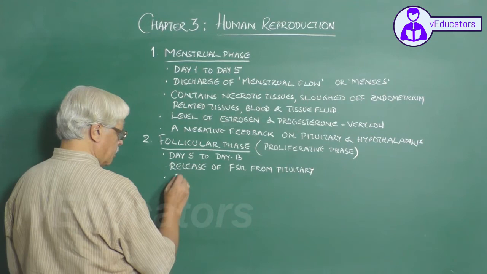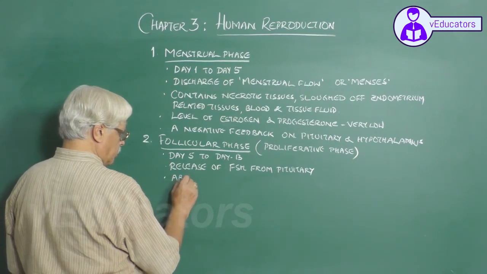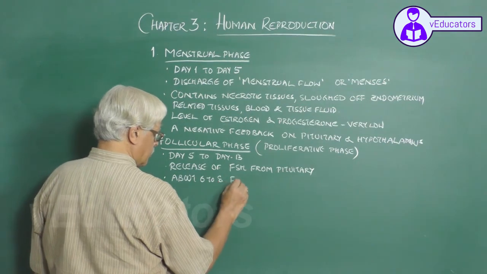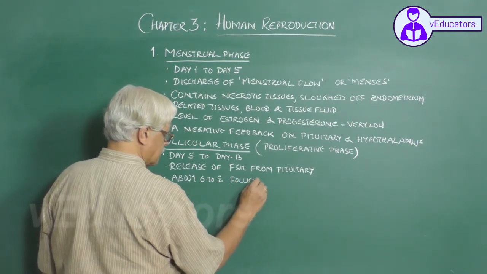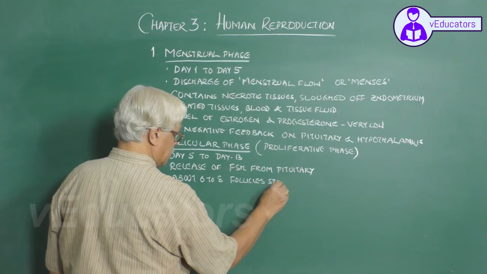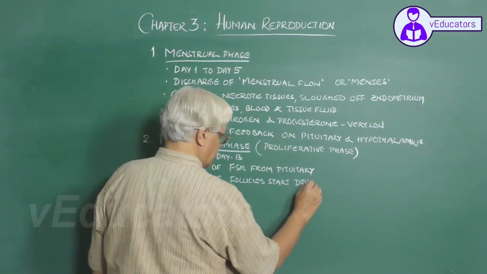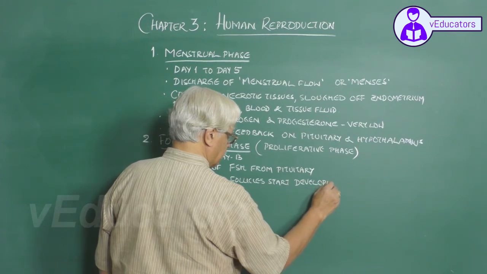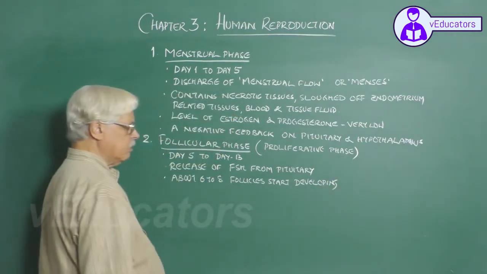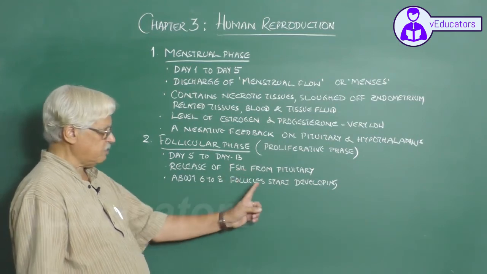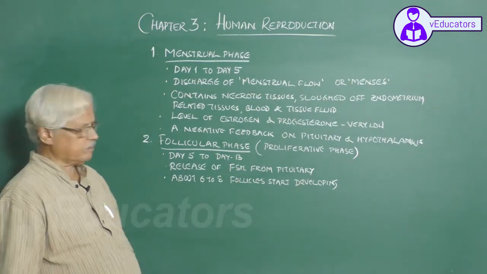So about 6 to 8 follicles start undergoing development. Follicle stimulating hormone. So about 6 to 8 follicles start developing.